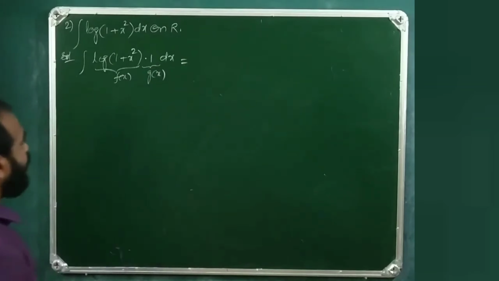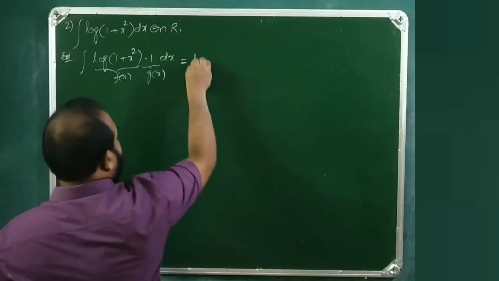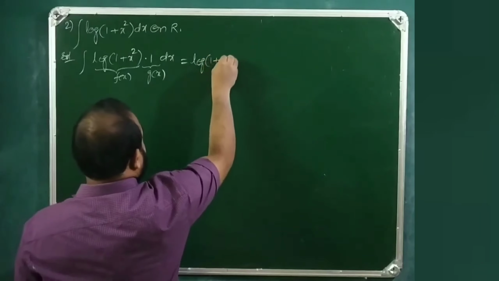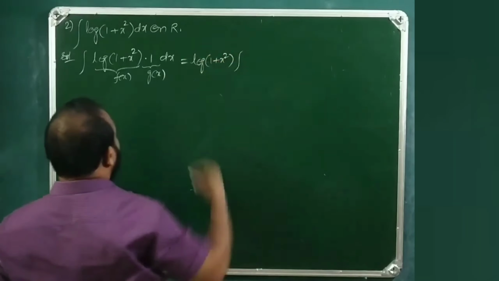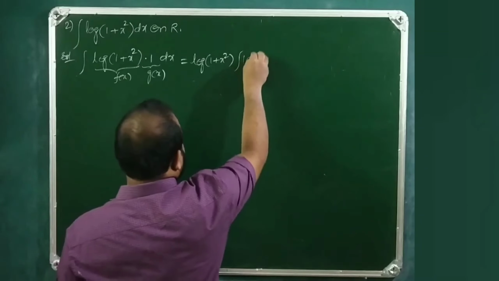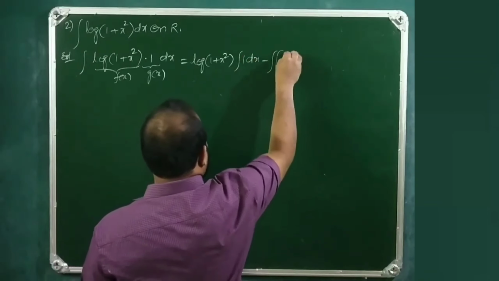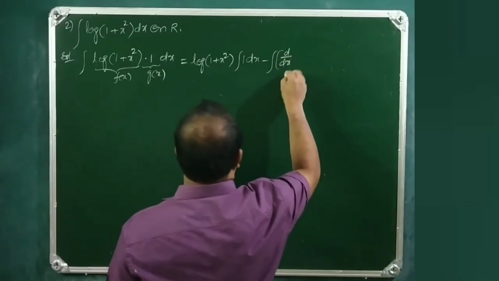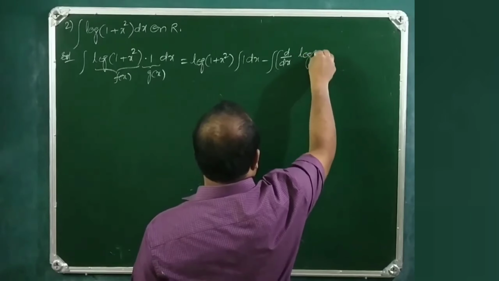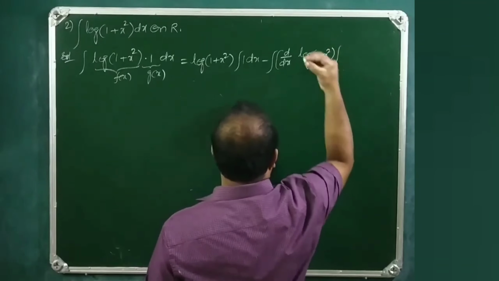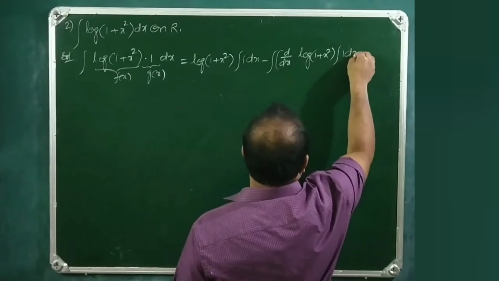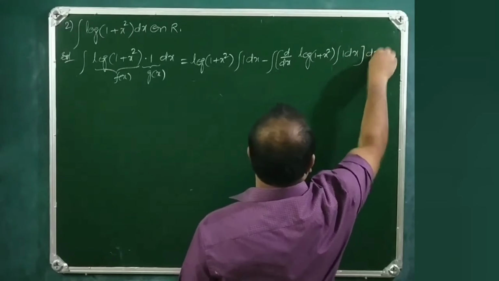So this is equal to f of x, the first function log 1 plus x square, into integral 1 dx minus integral of d by dx of f of x, which is log 1 plus x square, into integral 1 dx, whole dx.